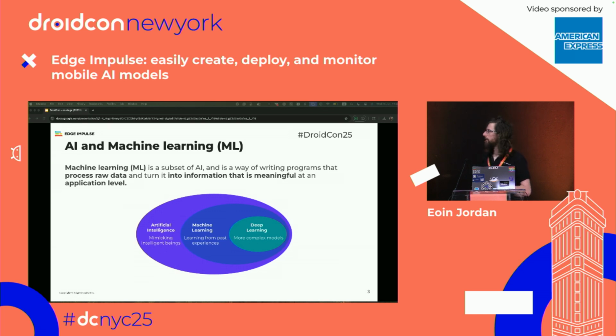Okay. So AI is a very broad area, including everything from your LLMs, like your ChatGPTs, to what we're going to do today, which is ML. So machine learning, recognizing patterns and training a model that's able to recognize those patterns in future.